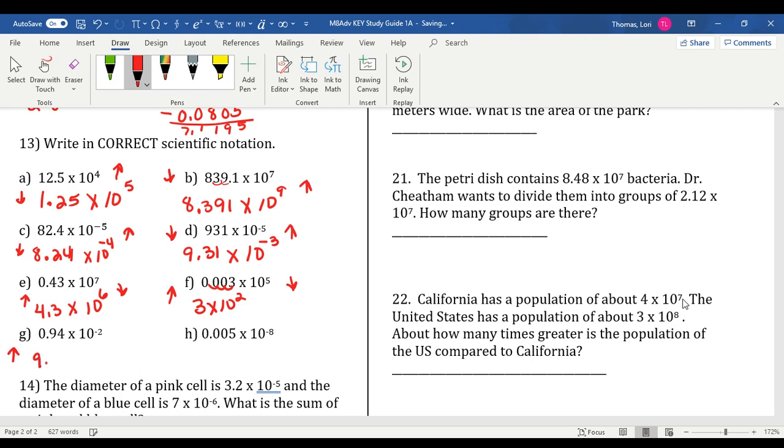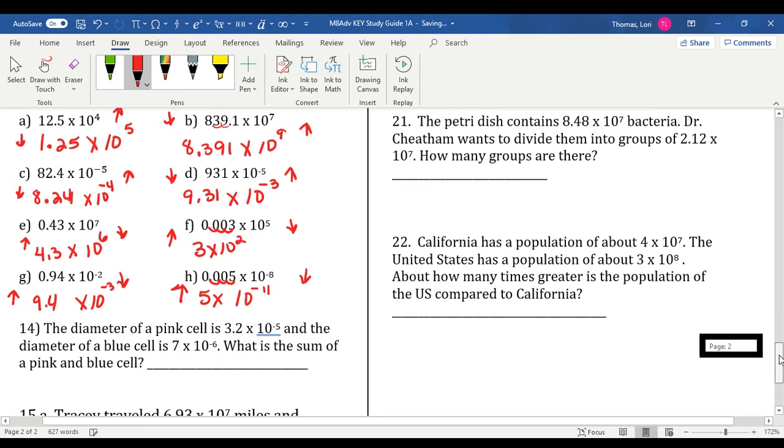Here I'm going to go up, moving it once. So here I'm going to go down to -3. Here we're going to move it 1, 2, 3. So we're going up by moving the decimal 3 times. So we're going to go down by 3 exponents to -11.